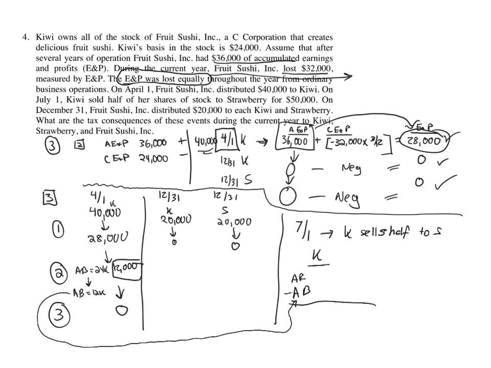So half of $12,000 is $6,000. Kiwi gets $50,000. $44,000 capital gain. The adjusted basis left in the remaining shares equals $6,000.